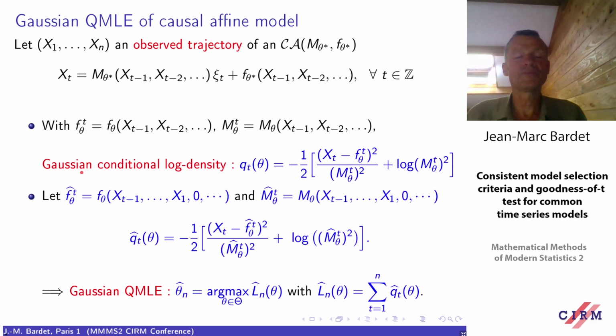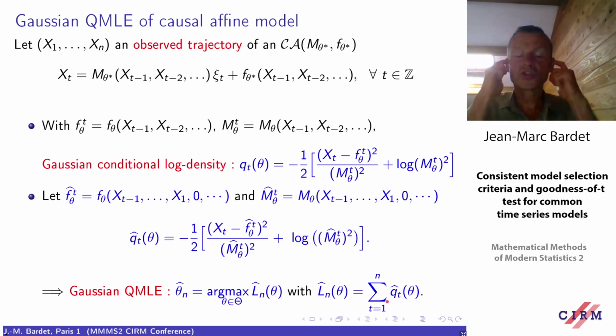Now we obtain a pseudo Gaussian conditional log density q_t of theta, defined like this, where f_theta^t and m_theta^t are replaced by their estimations, as we explained before.